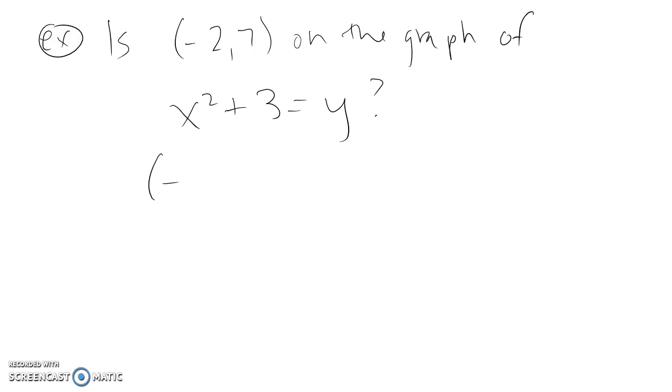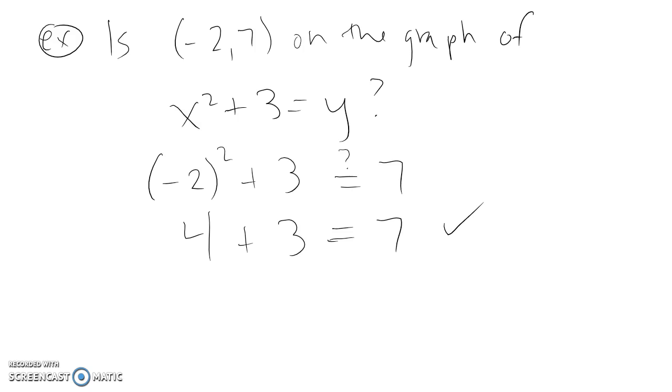So we're going to test. We take the x coordinate and plug it in for x. We get -2 squared, add 3 to it, and we're asking the question, does that give us 7? Well, -2 squared is 4 plus 3, and 4 plus 3 is equal to 7. So the answer here is yes.